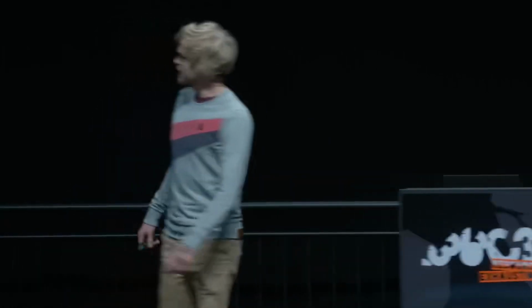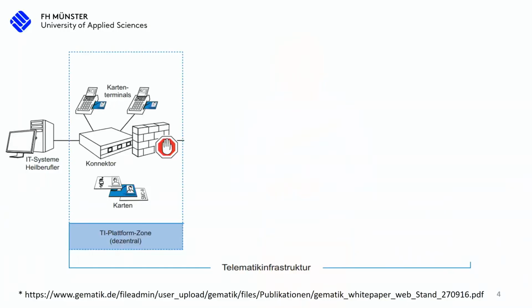So we begin. What are we talking about with telematic infrastructure? Here on the left side you can see the IT systems of the health workers. This is the network of the practice, and many are connected, or at least they have connected systems. And the telematic infrastructure, or short TI, there is the card reader where you can put the health insurance card inside, but also other cards like the medical professional card.